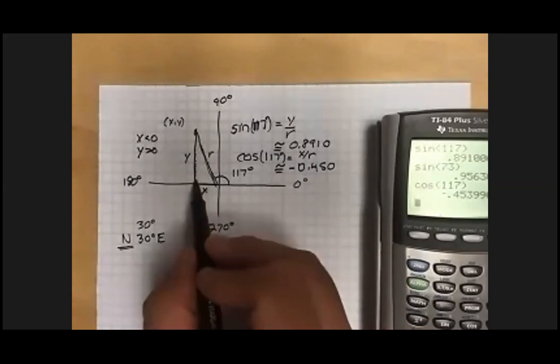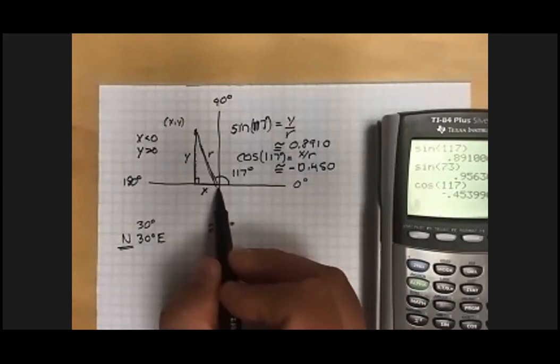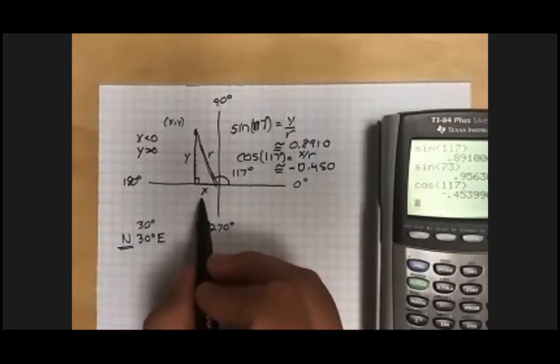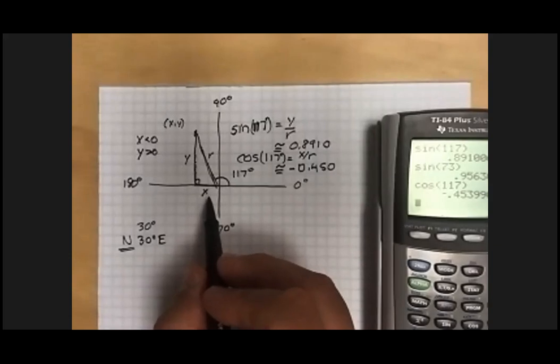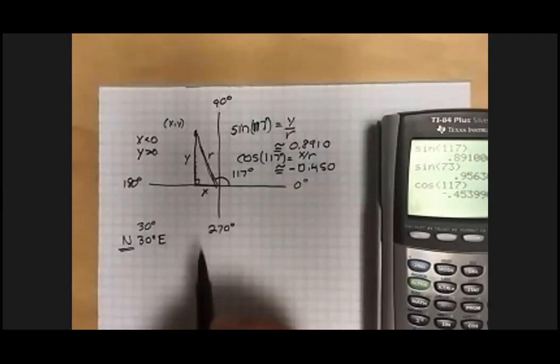So I can think of this as a right triangle, x and y and r. But I don't like to label the side of a triangle as a negative number, because that just gives me all kinds of problems, gives me a headache. I usually don't call lengths negative.